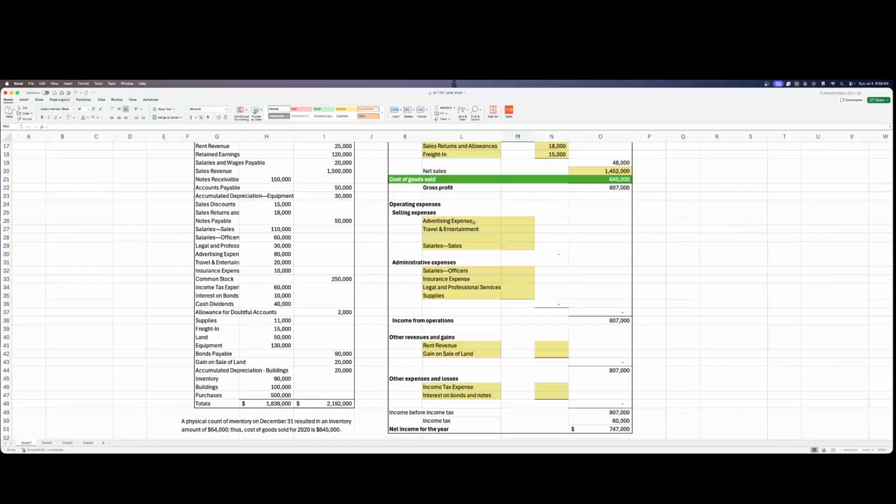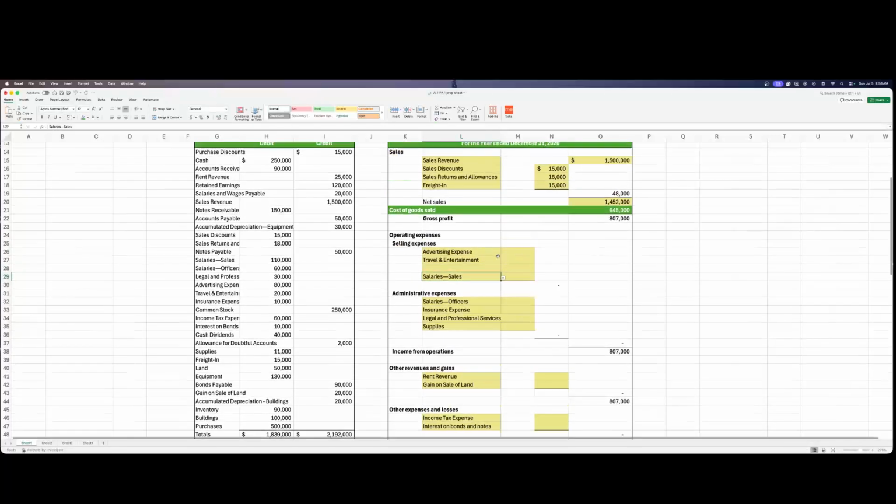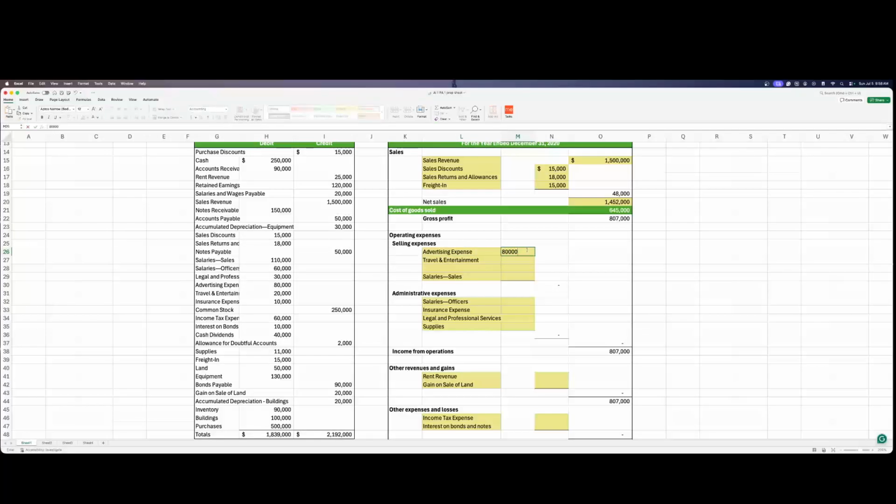So yeah, you have the advertising expense, the travel expense, the salary. The advertising expense, 80,000. Travel and entertainment, 20,000. Salaries, sales, 110,000. Salaries for officers, 60,000.